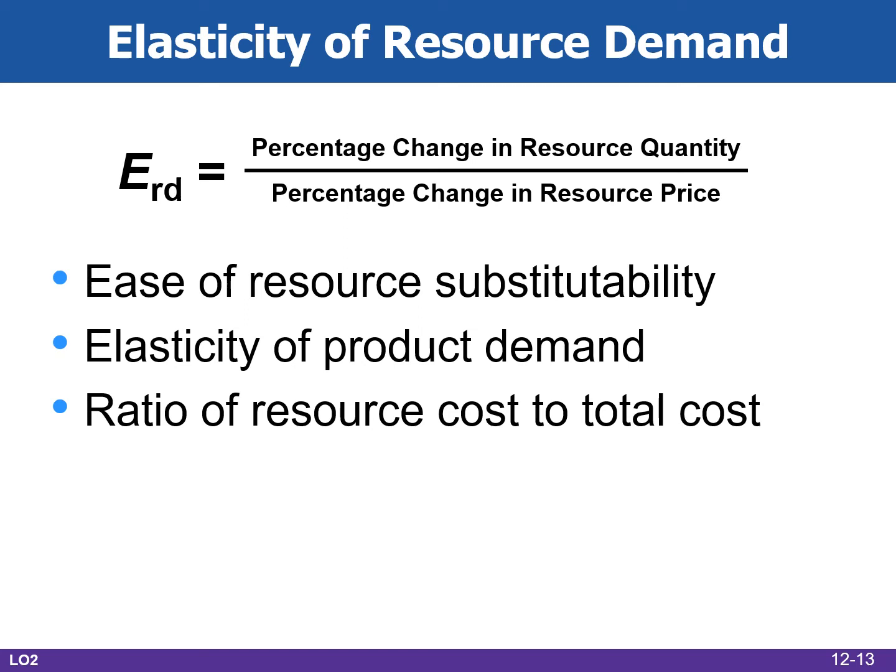If labor is 50% of cost of production, we would expect the elasticity for the labor resource to be highly elastic, because changes in the price of the resource will be quite noticeable to the firm, as opposed to a resource which only represents 10% of the firm's total production. We would expect the elasticity of resource demand for that resource to be highly inelastic.